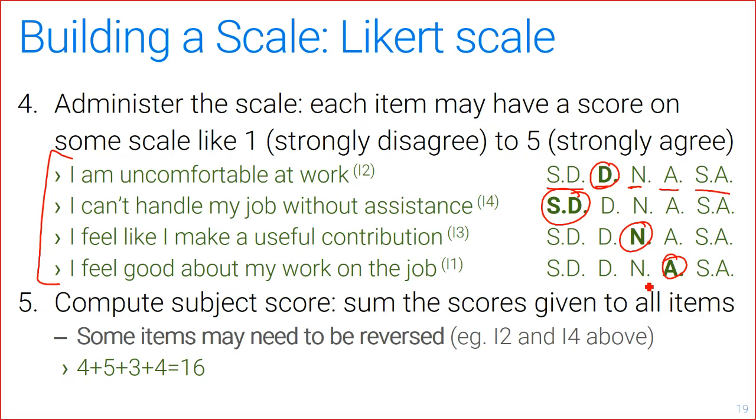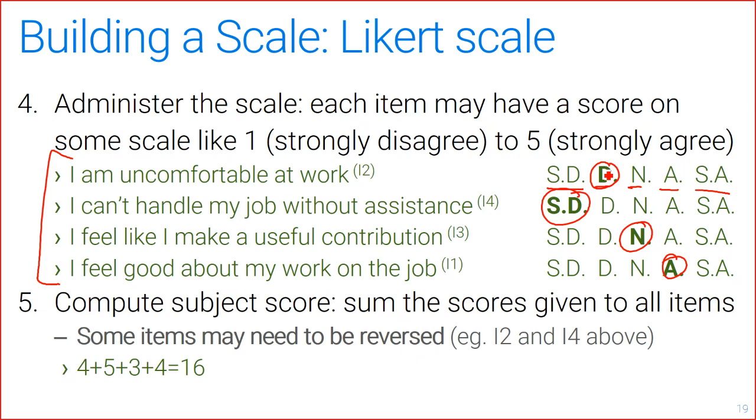How do we compute a final score of self-esteem for this one worker? Then what we do is we sum the scores of all the items, knowing that, again, we might have to reverse the score for some of them. So for example, item 2 is actually a negative statement. This is negatively correlated, so we have to reverse it. So in this case, the employee gave us a disagree.